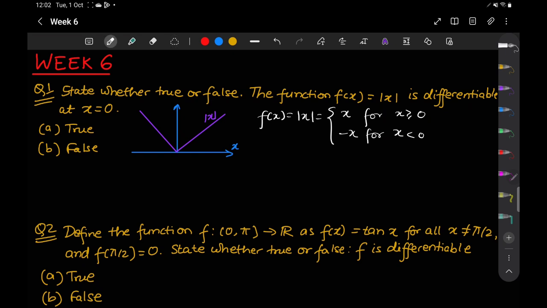It is positive x for x greater than or equal to 0 and negative x for x less than 0.